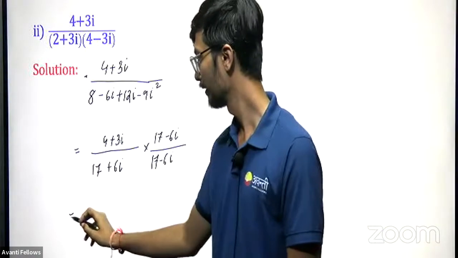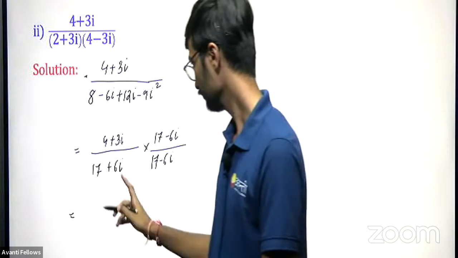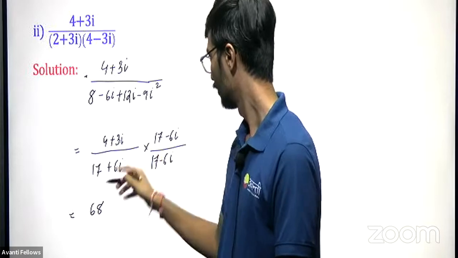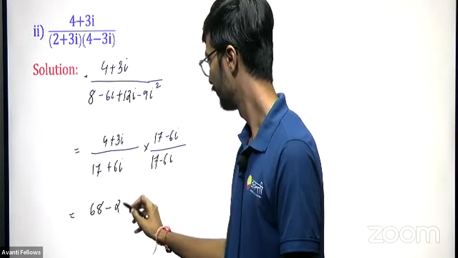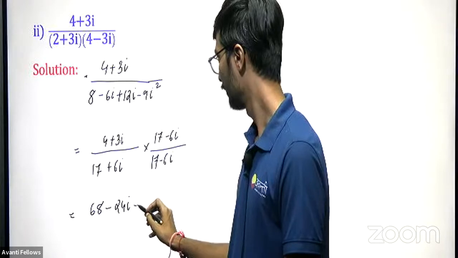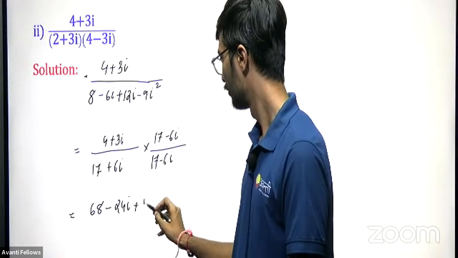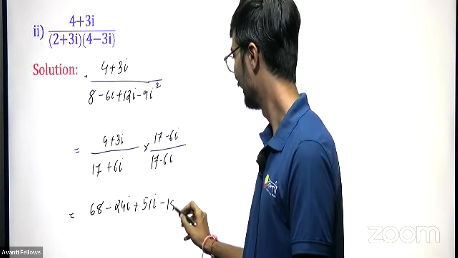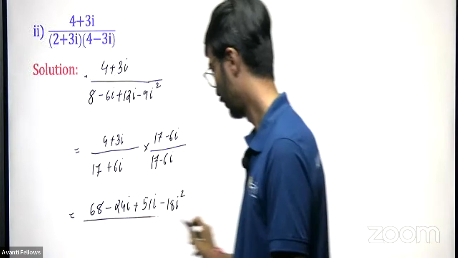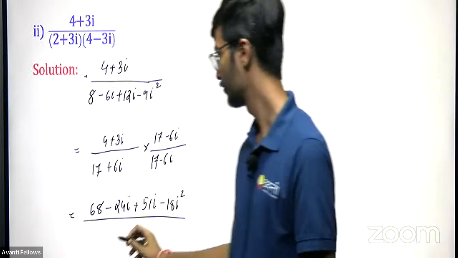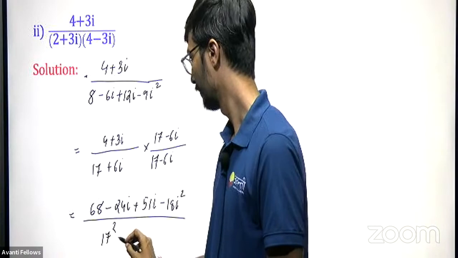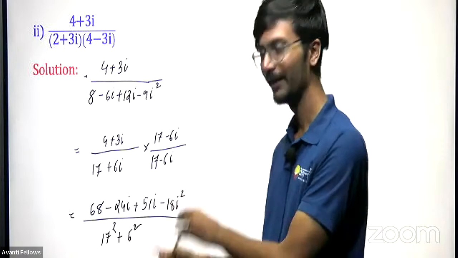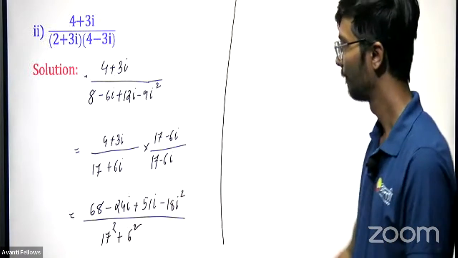So in the numerator, 17 fours are 68 minus 24i plus 17 threes are 51i and minus 18i square. In the denominator we will get a square minus b square, so 17 square plus 6 square. I hope you see why I wrote this plus, because I'll get i square and i square will be -1. So it will become +1.